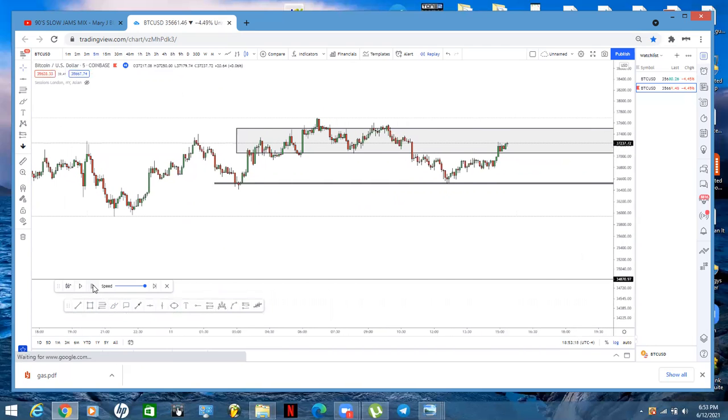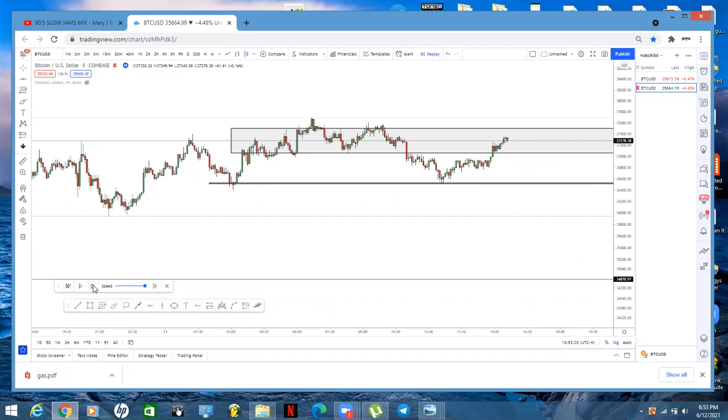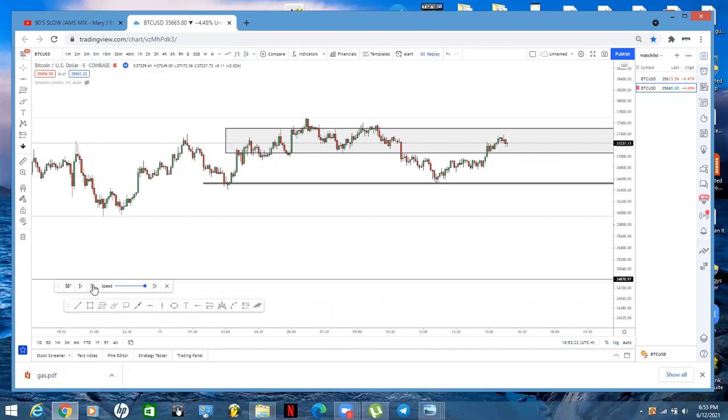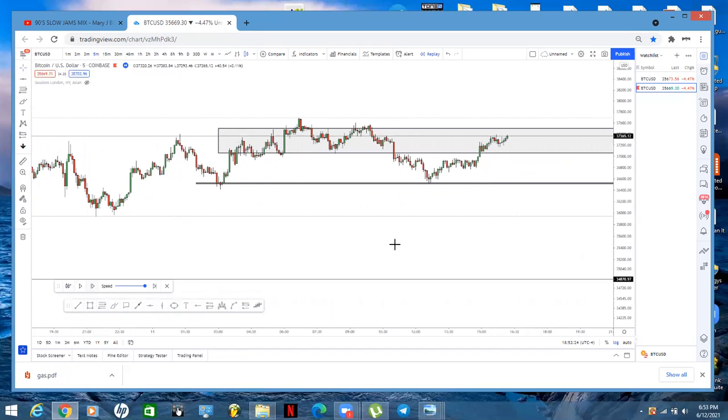So we know that this is a bank move. All right, and notice how price is creating these equal highs right here. So once price breaks this equal high, it's probably retesting this order block right there.